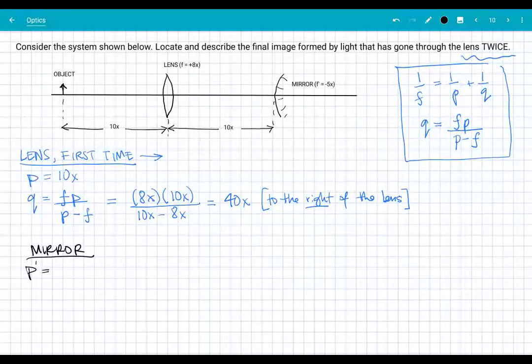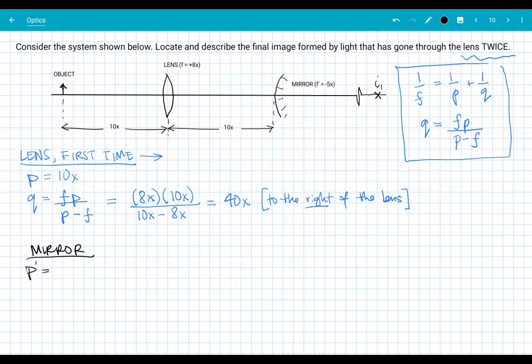So for the mirror, now think about it. My object is the image from the first. I'm going to put a little X right here, and how I label this is I call this image 1, the very first image that's formed by the system.